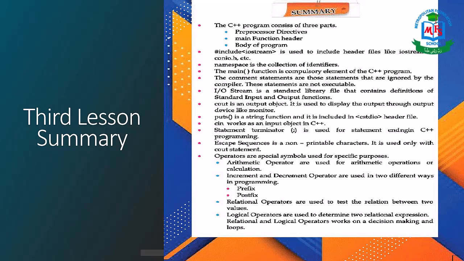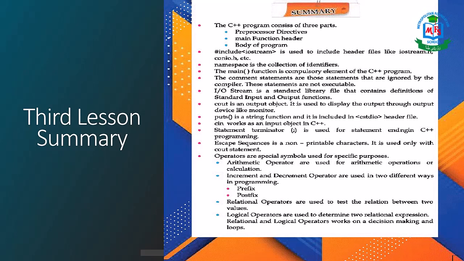Iostream is a standard library file that contains definitions of standard input-output functions. Cout is an output object. It is used to display the output through an output device like a monitor.